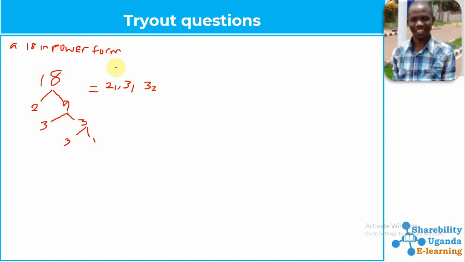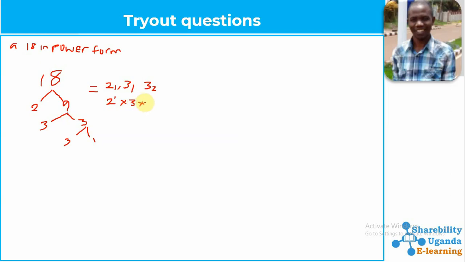This is a subscript form or a set notation. If they tell you to present it in a set formation, then you leave it this way. So now here they want us to give our power form. We said this simply means, in the multiplication form, 2 power 1 then times 3.